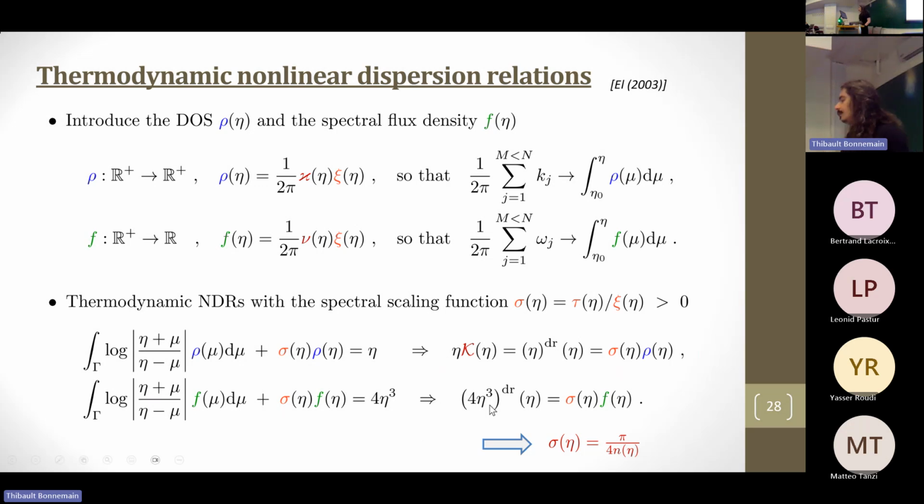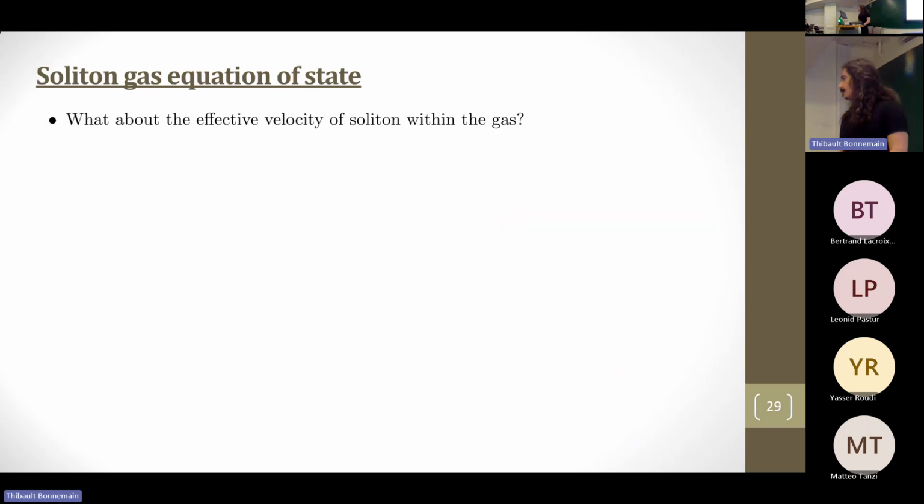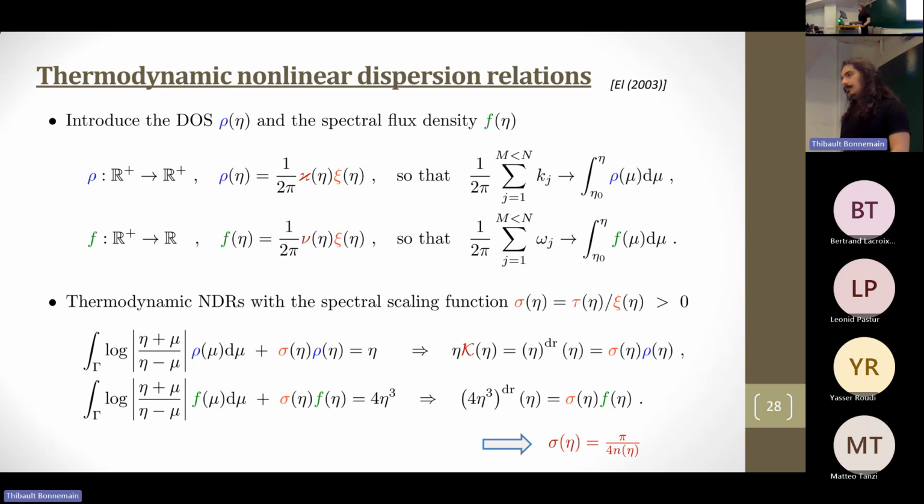This is just the dressing of rho, and through this identification, we can also notice that sigma is nothing but the inverse of the occupation function. So maybe I'll stop here.